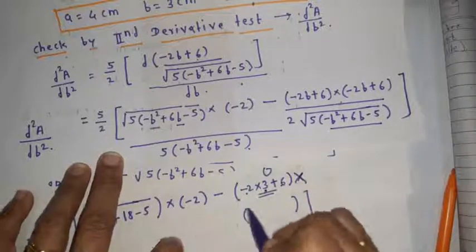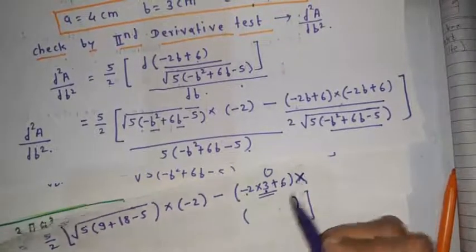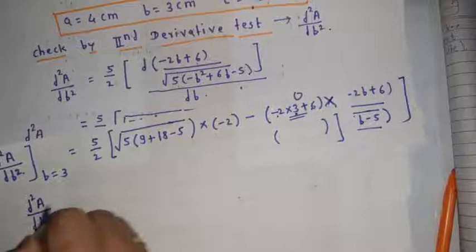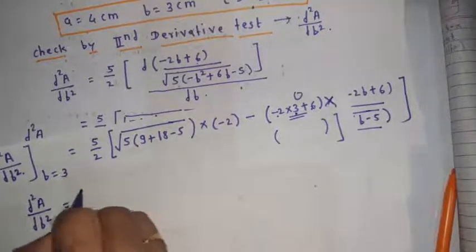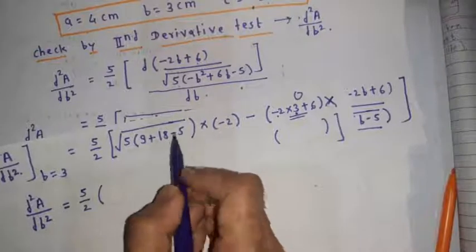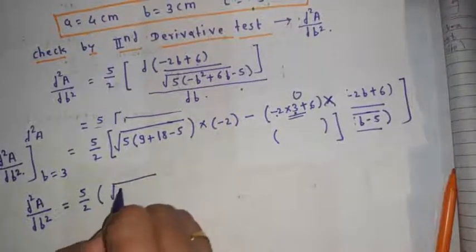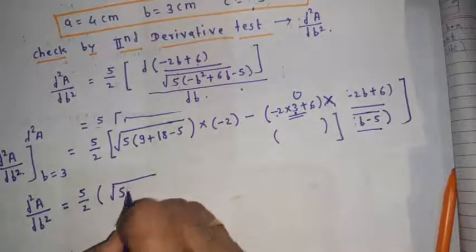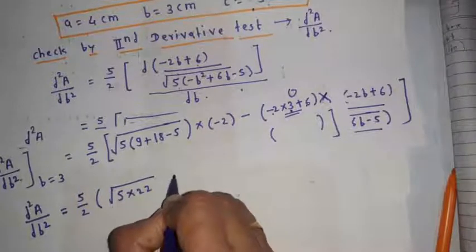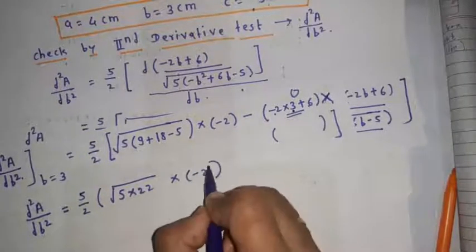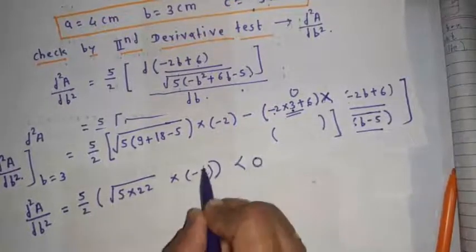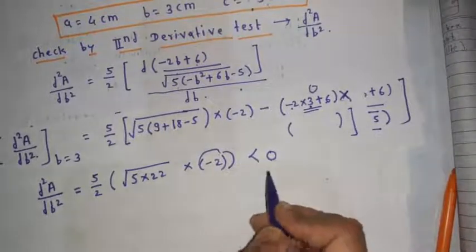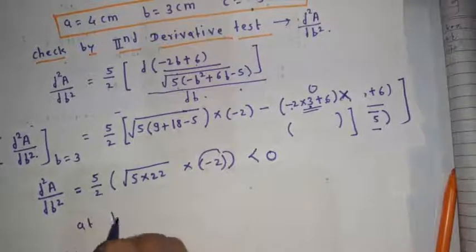And 0 into anything, the second term will be 0, and hence d2 square A upon db square is equal to the negative term, that is 5 by 2 into square root of 5 into, 18 plus 9 is 27, 27 minus 5, that is 22, and that is into minus 2. But whatever the multiplication, it is negative because of this minus 2, and hence d2 square A upon db square is less than 0, that is negative, at b equal to 3.